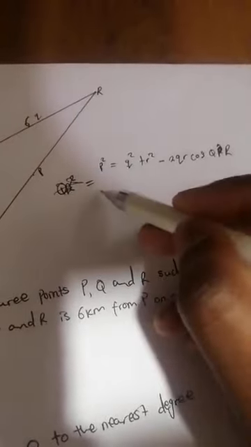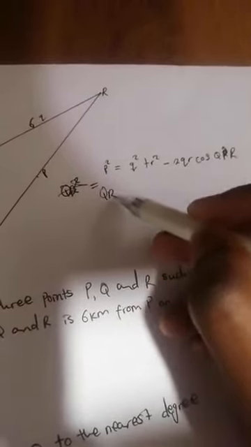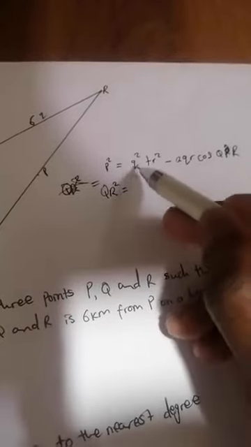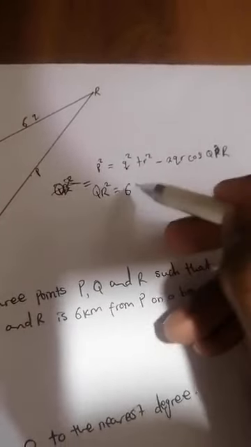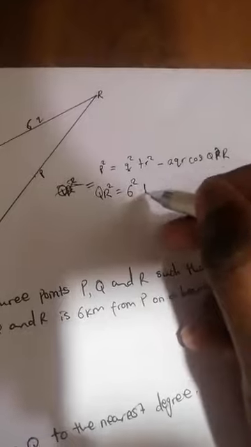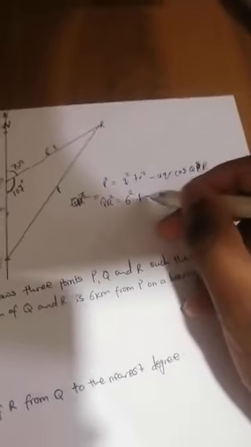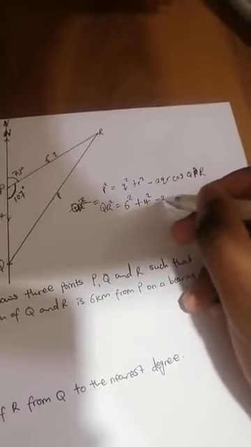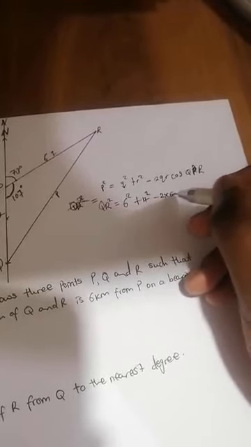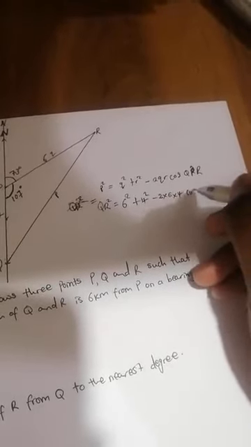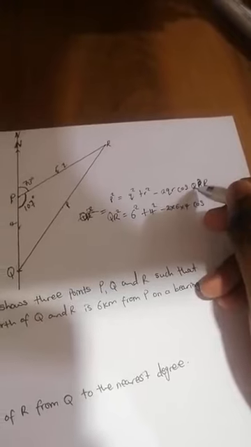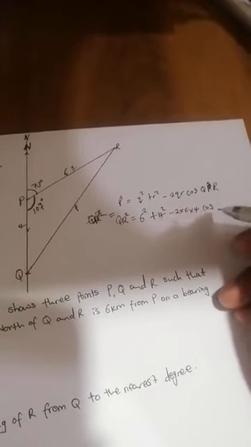Okay, so this one is our QR squared, which is equal to, our q is 6 squared plus our r, this side opposite of capital R, that's 4 squared minus 2 times 6 times 4 cos QPR, that's 107.